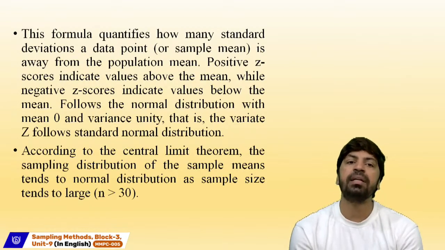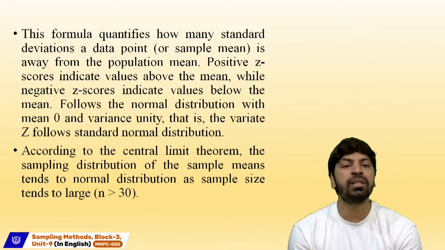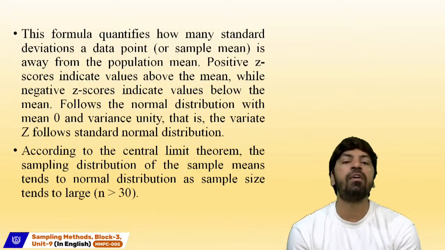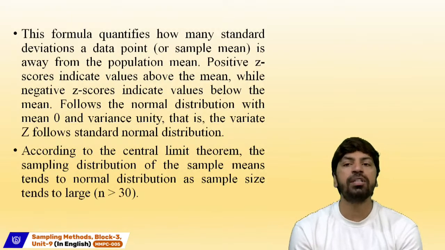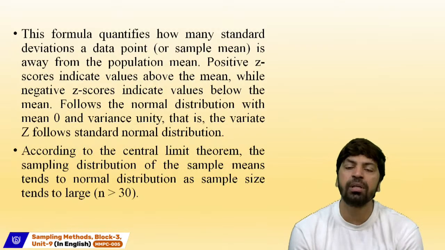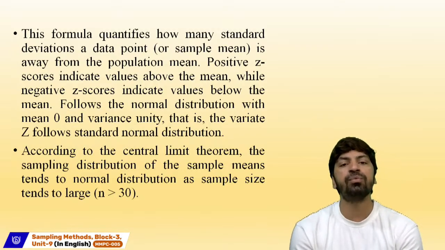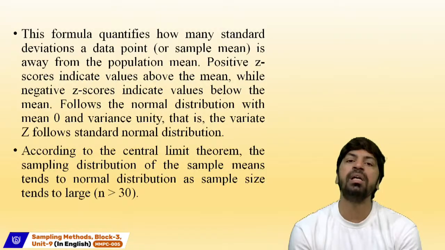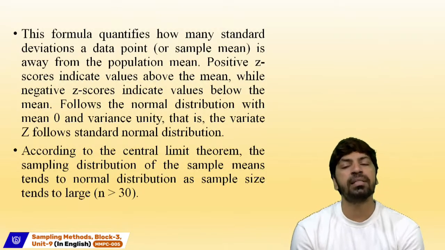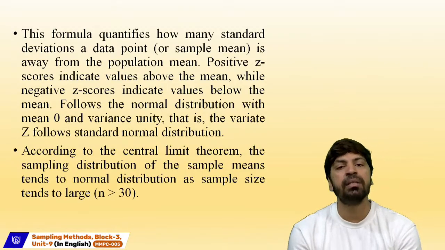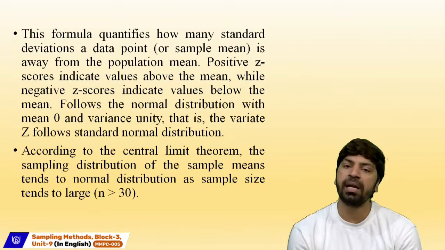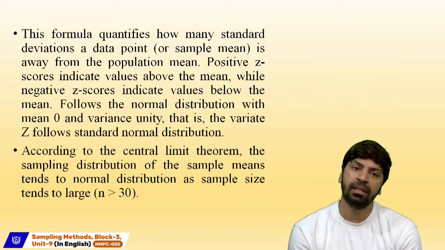That means the variation in z-scores follows the standard normal distribution. So according to the central limit theorem, the sampling distribution of the sample means tends to be a normal distribution as the sample size becomes large, that is, n is greater than 30, where n is the sample size and the particular limit is 30; it should be greater than 30.